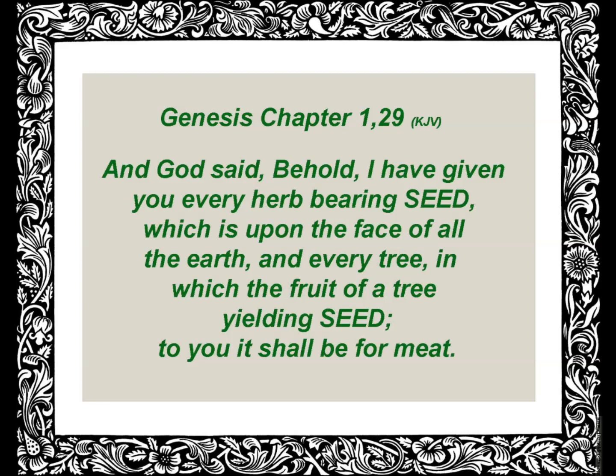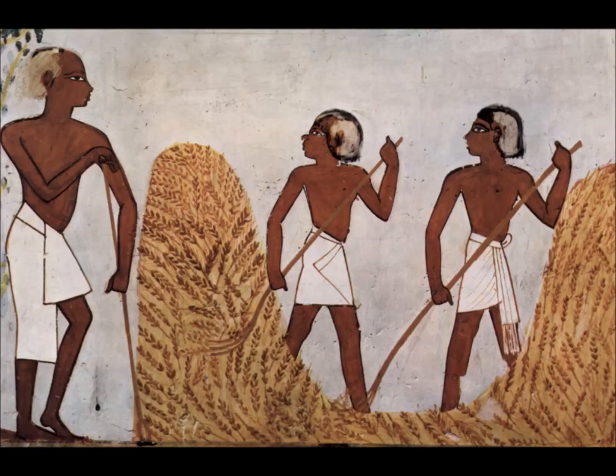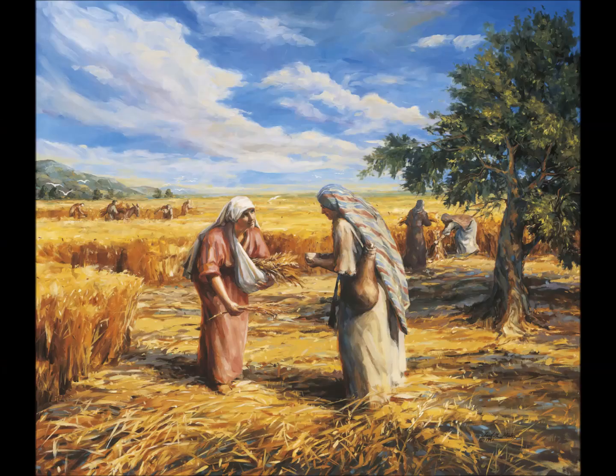Now, a primitive hunter-gatherer type lifestyle is not concerned about seeds. Seeds, however, are the very basis for a more advanced society that has developed agriculture. Since seeds are prominently mentioned in the creation story, I think this passage about seeds is really talking about intentional planting and the cultivation of crops.